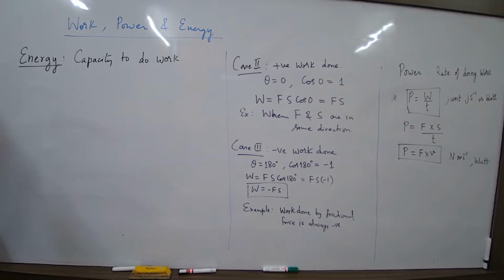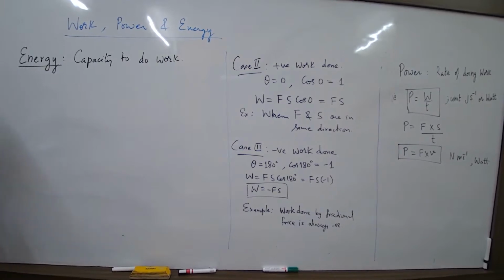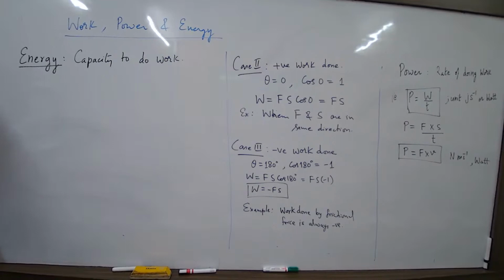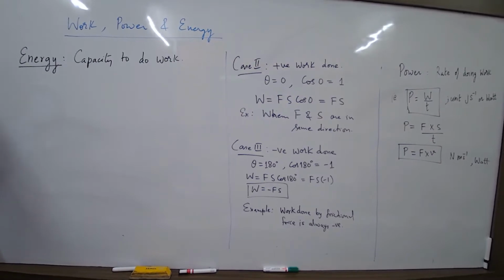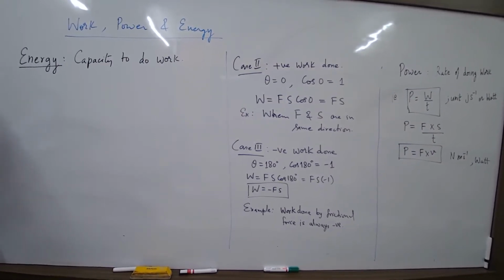Therefore, energy and work are interchangeable. If we work on a body, we increase its energy. So what is the unit of energy then? Joule. Work and energy are interchangeable.